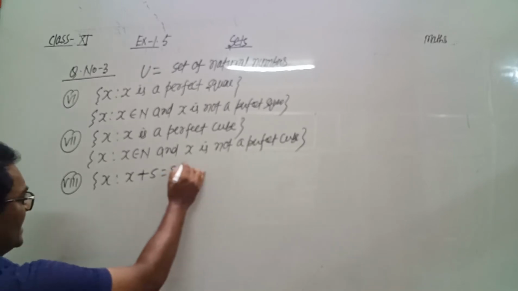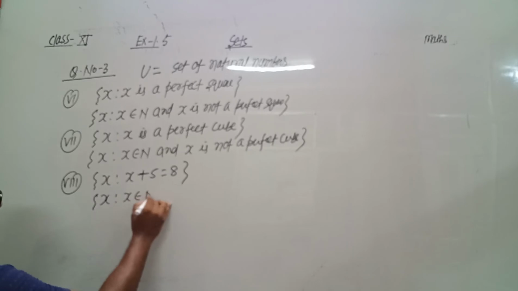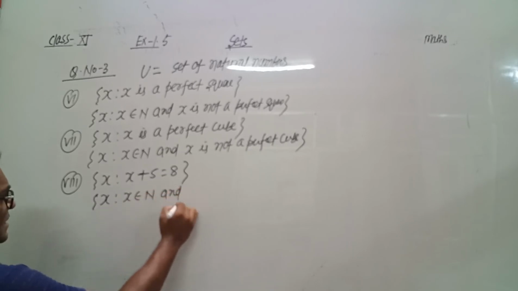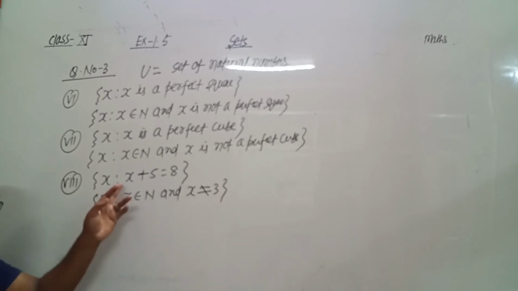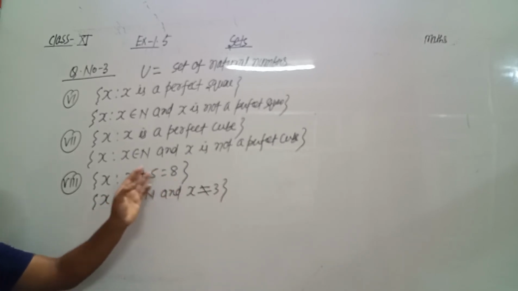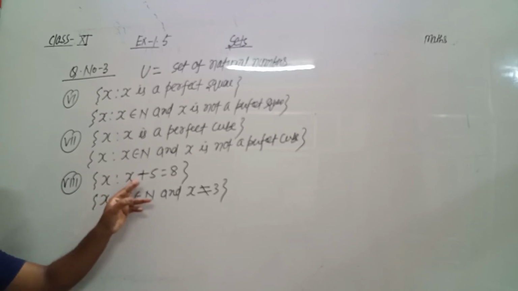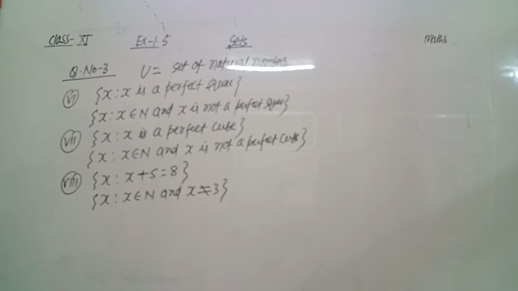So its complement is x such that x belongs to N and x is not equal to 3, because if x equals 3 then it will certainly equal 8. We have to write its complement. So x is not equal to 3. X belongs to N and x is not equal to 3.